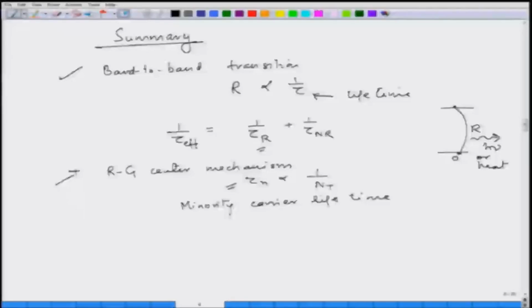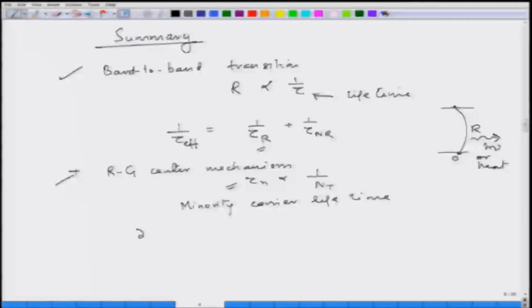Basically, what we have been doing is looking at single processes and showing how to deal with them mathematically. But if you have a material where more than one process is available, then you will look at the band to band transition, which may be giving you the light out, and also add the RG center mechanism to that. Then if you have more than one mechanism, you would write the equation for del n by del t for different mechanisms.